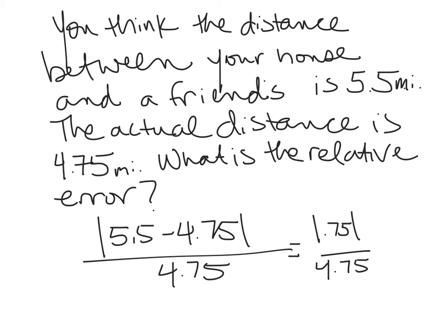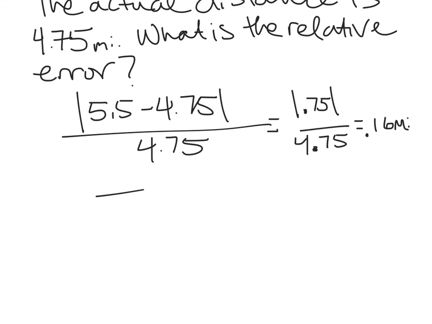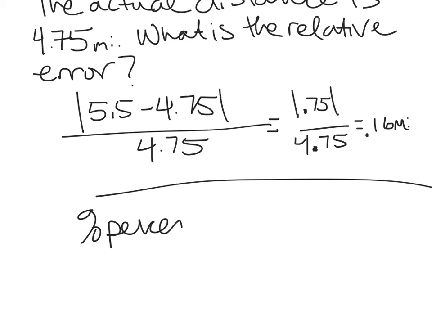So the absolute value really is just going to take away whether this is positive or negative in the numerator. So it's going to be a positive. So your relative error is 0.16 miles. As a percent, your error becomes 16%.